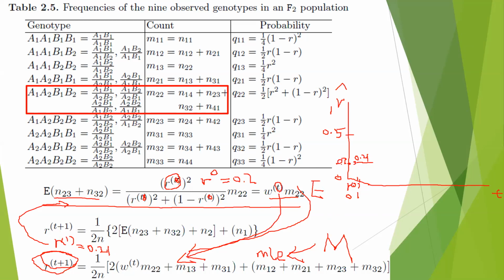We use the R1 here to calculate this expectation and plug this back again, go back to the M step again, calculate R2. So you're going to see a trace like this. Is that clear? So this represents the convergence. Any questions?